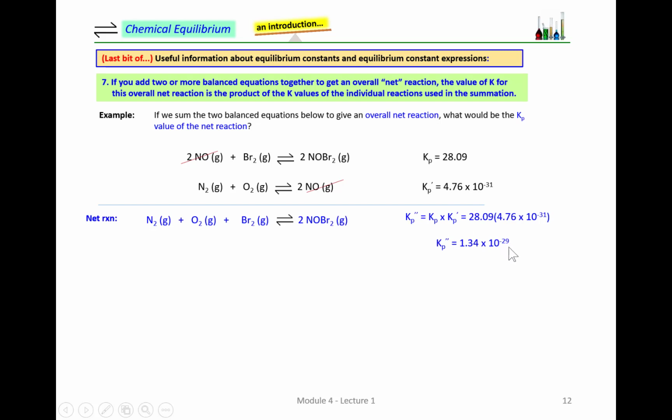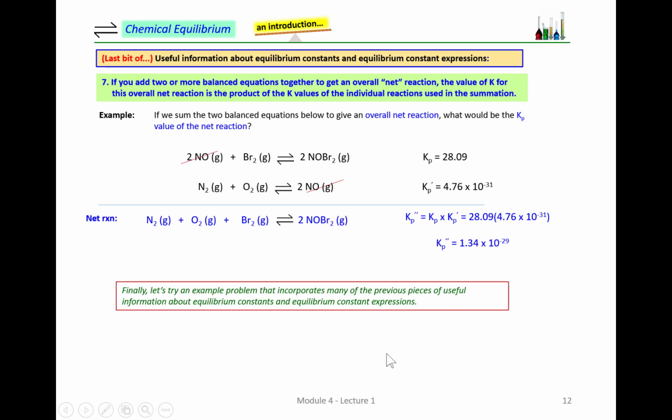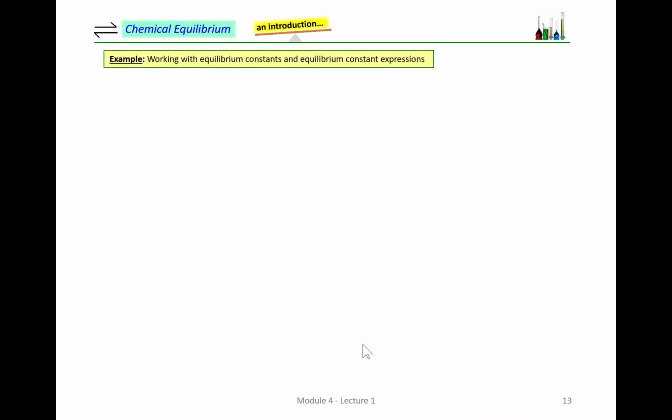Now finally, let's try an example that incorporates many of the previous pieces of useful information about equilibrium constants and equilibrium constant expressions. Our job here is to calculate the value of Kc for the following reaction that comes to equilibrium, and we'll do that by using some given information.